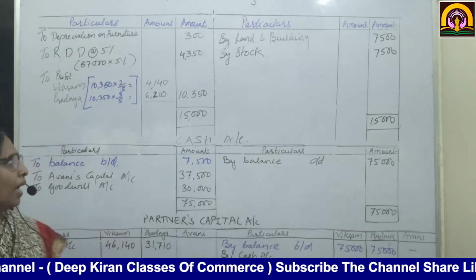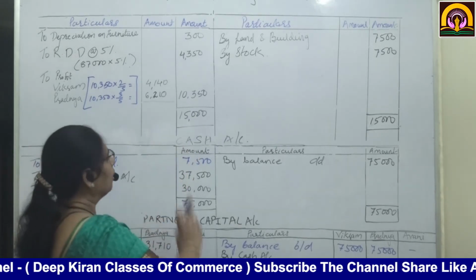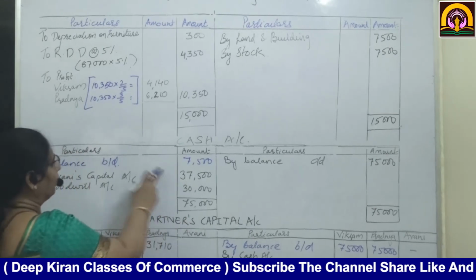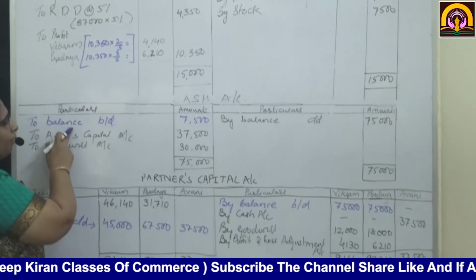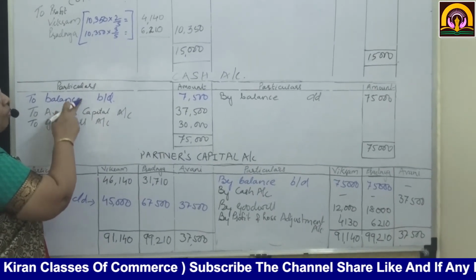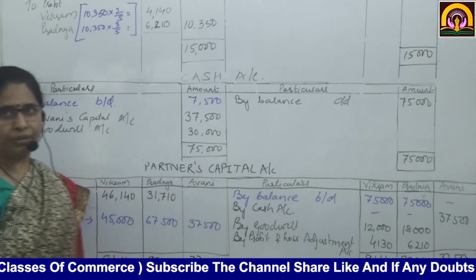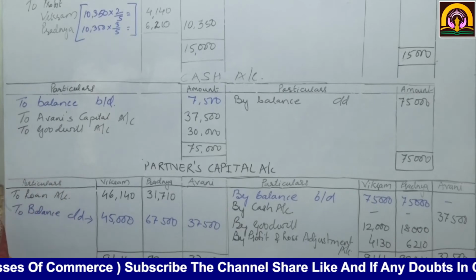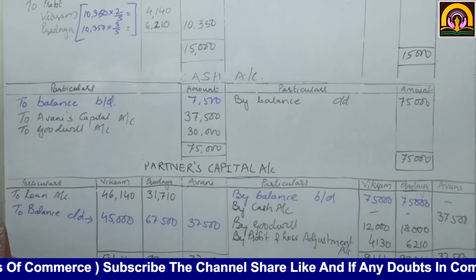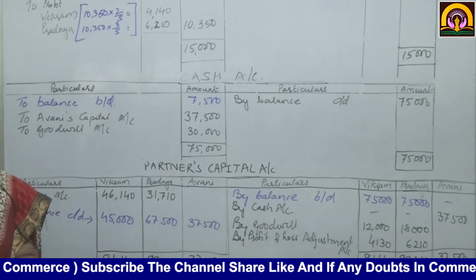I hope you have understood this. Now second, I've written in blue ink because these are the balances as per your balance sheet. In your balance sheet, the value of cash was given as 7,500.